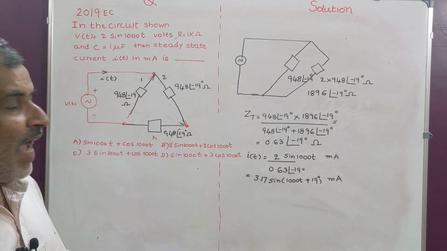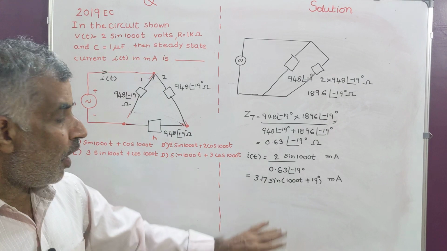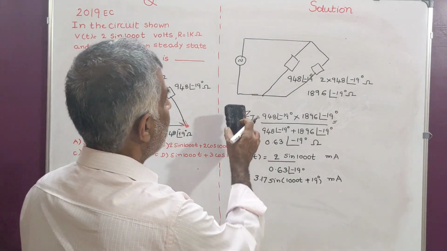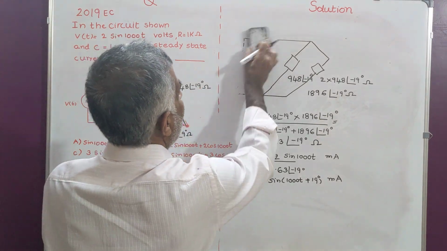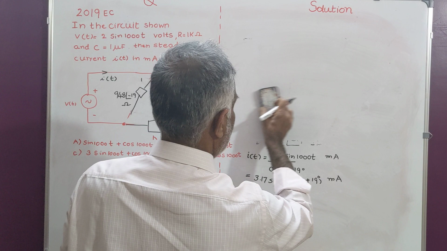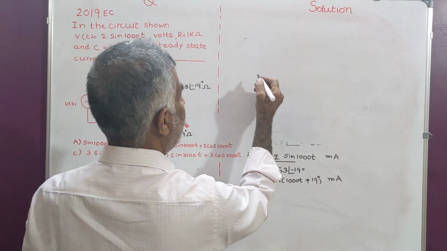Now the answer is given in a different pattern, but we are getting this answer. How to convert this to those forms is the question. First you interpret 3.17 sin(1000t plus 19 degrees).